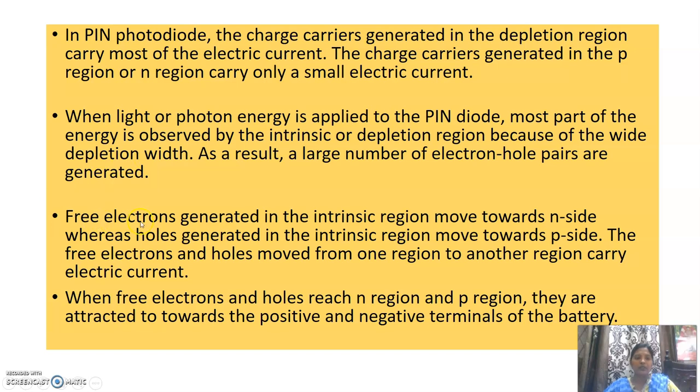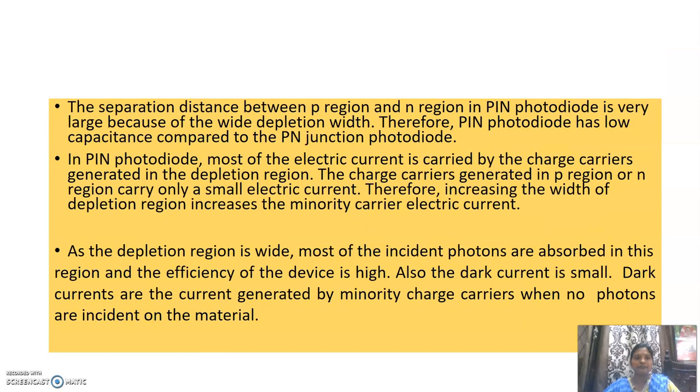The free electrons generated in the intrinsic region move towards the n side and the holes move towards the p side, swept apart from each other, and give us a current.